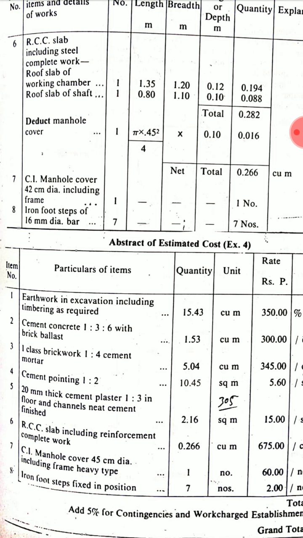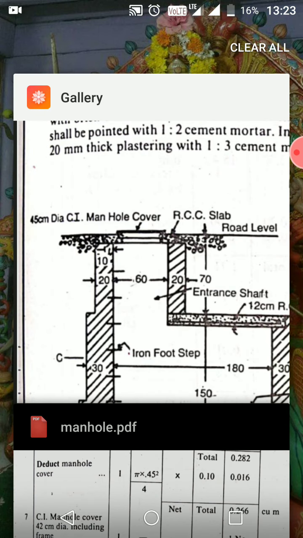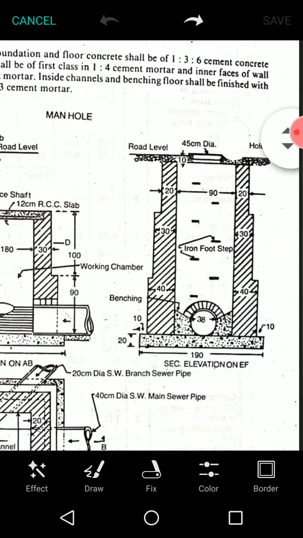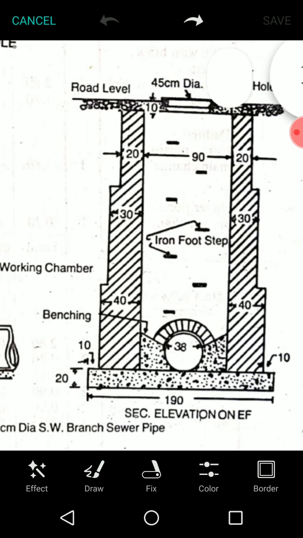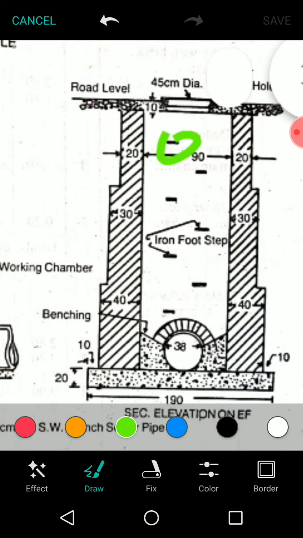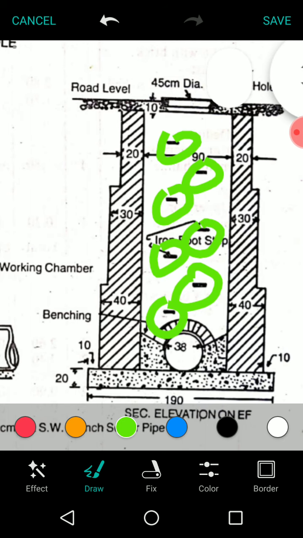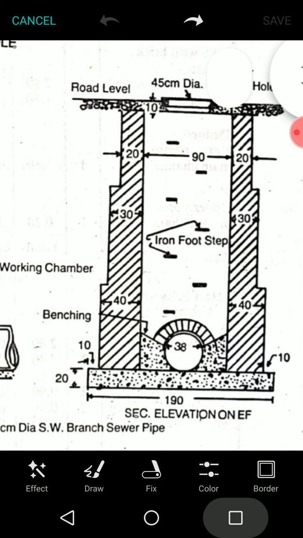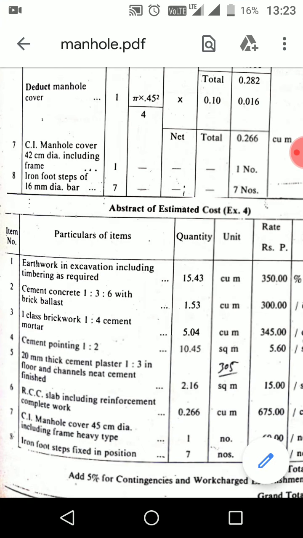Iron footsteps of 16 mm diameter, there are 7 numbers of steps, as you can count here in the sectional elevation: 1 2 3 4 5 6 7. So totally there are 7 numbers of iron footsteps.